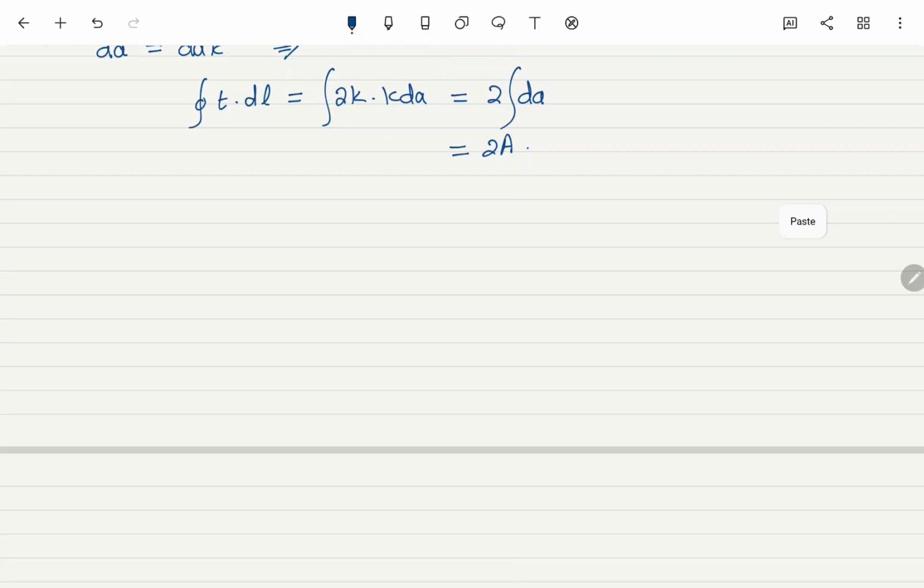Now let's discuss successive application of the del operator. The first application of the del is on the gradient. If we apply the del operator on the gradient, we have three possibilities.